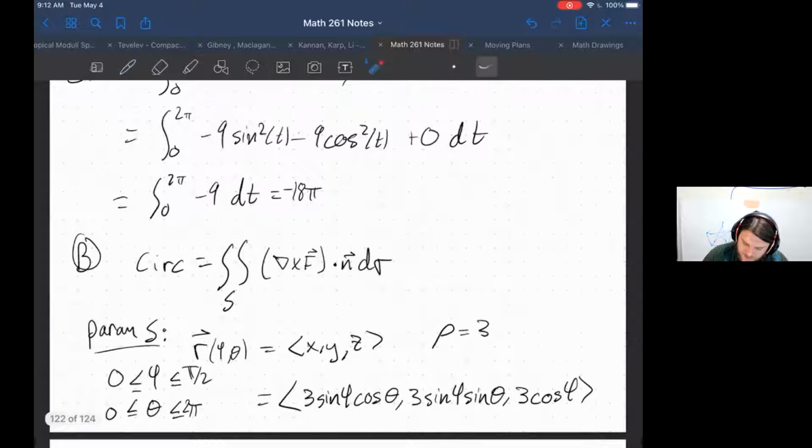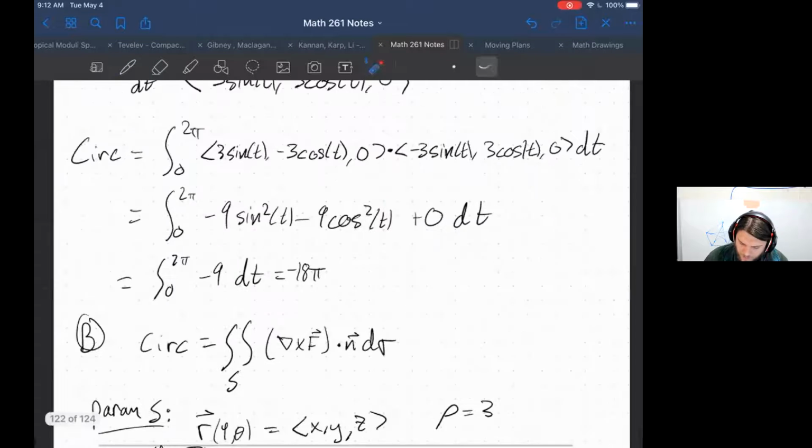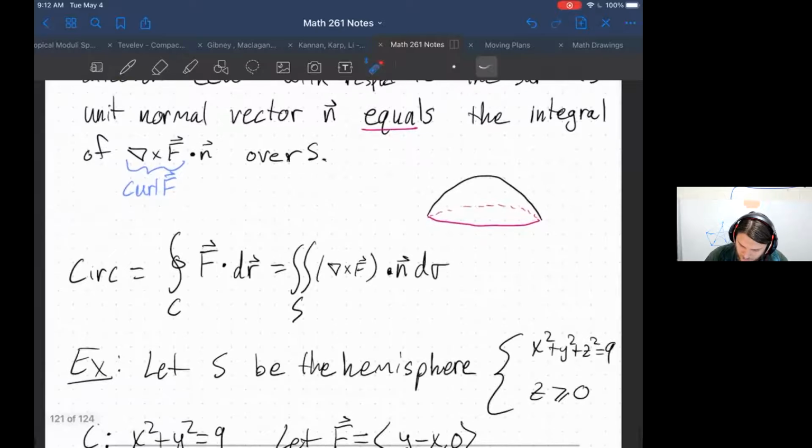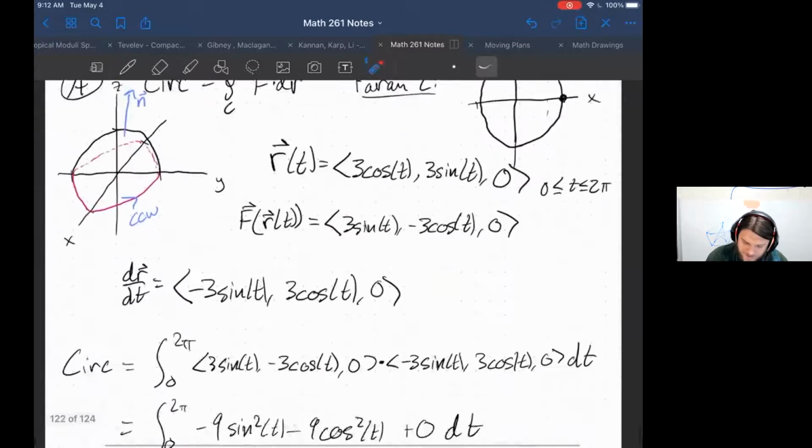Right, this is a surface integral of curl F dot n d sigma, or a better way to write it. Oh, did we not do a better way to write it? I guess it's fine.